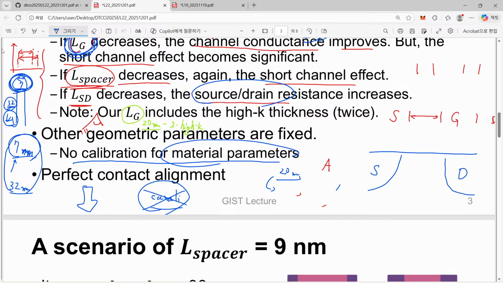Of course, we have an energy barrier between source and drain. That's the reason why our current does not conduct when we apply low gate voltage. Now we increase the gate voltage. Then the energy barrier between source and drain is reduced, and we can expect current conduction.